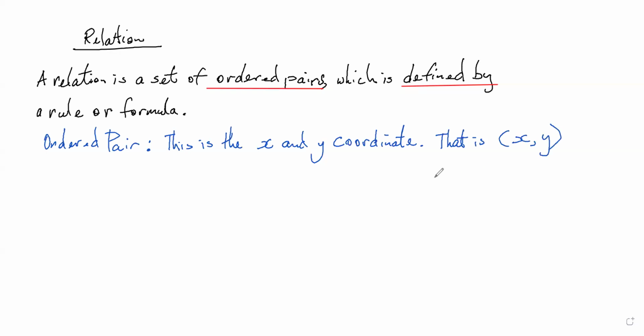I want people to pay close attention to what I am doing. So this is a pair. Am I correct to say that the X and Y, they are a pair of something? They are two things, right? Good. So we understand when we say ordered pair, what we mean.